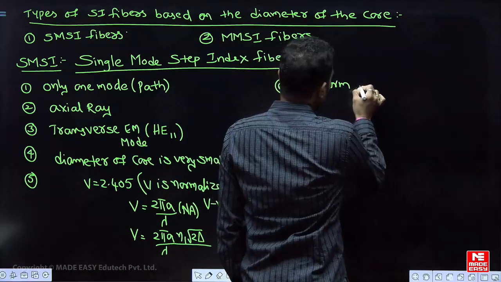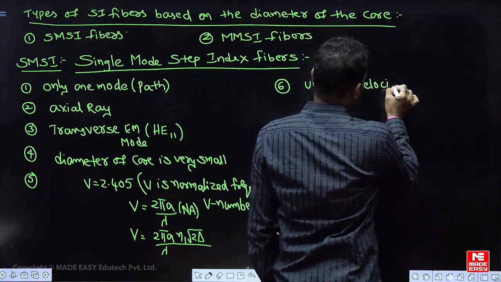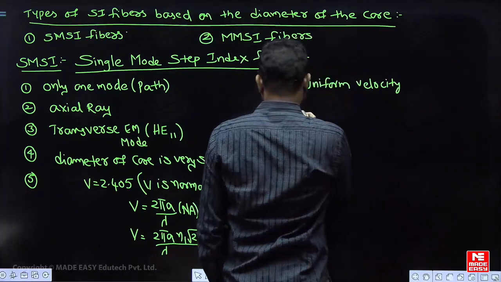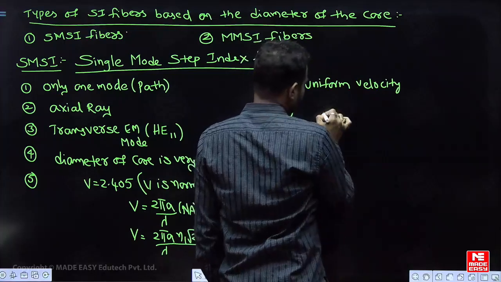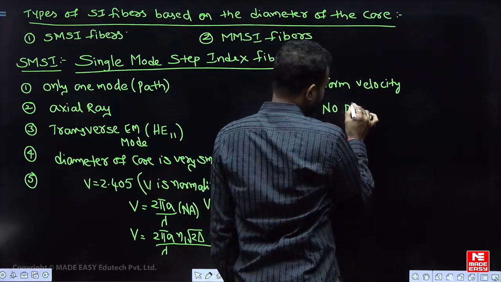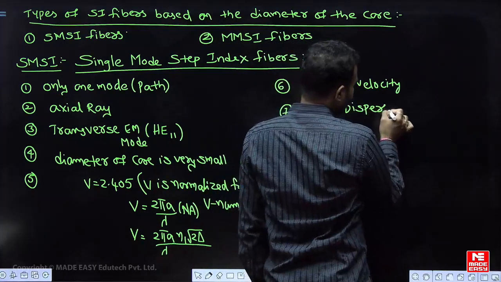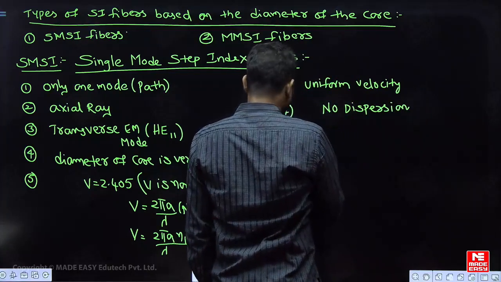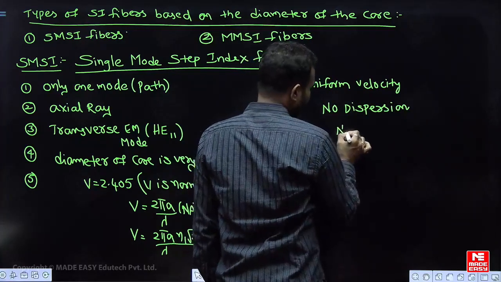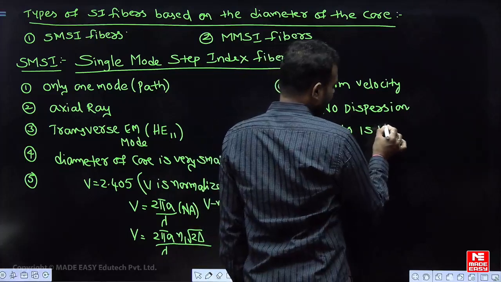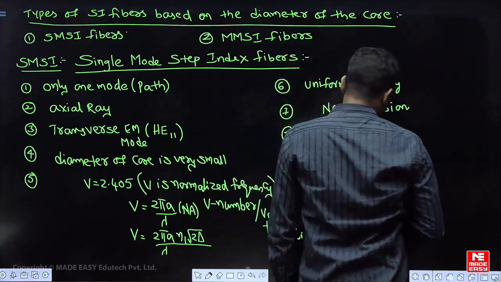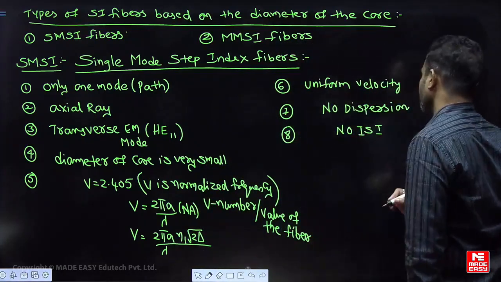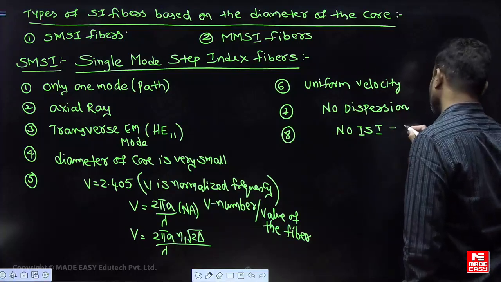So obviously, if a light ray maintains a uniform velocity, we can tell very clearly that there is no dispersion. What happens if there is no dispersion? Dispersion means pulse spreading, so there is no pulse spreading. If there is no pulse spreading, then there is no ISI. No ISI does not mean Indian Standards Institute. ISI is inter-symbol interference, studied in communication also.